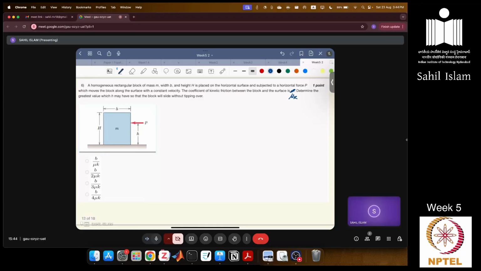So if it is tipping over, you already know there should be some kind of moment balance, so moment due to P at height h, which is m1 equals ph. Simple.